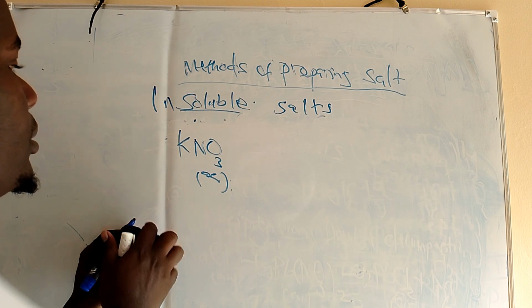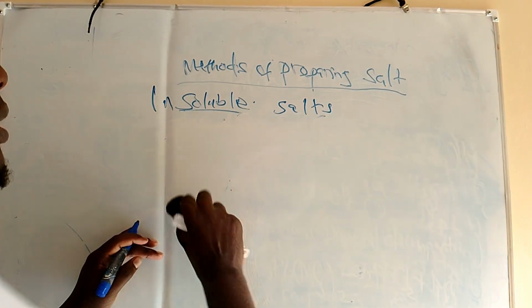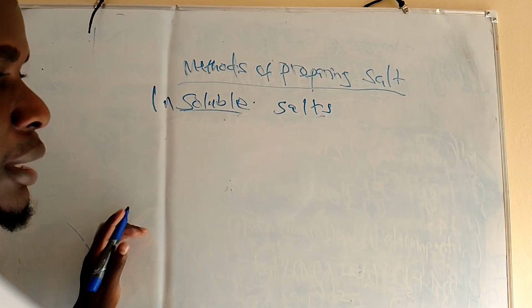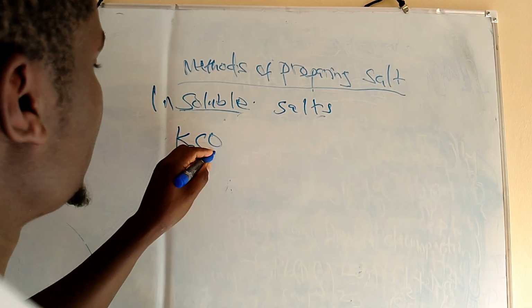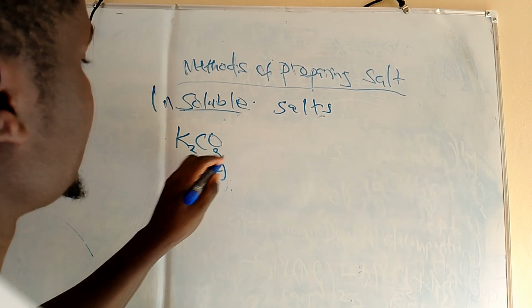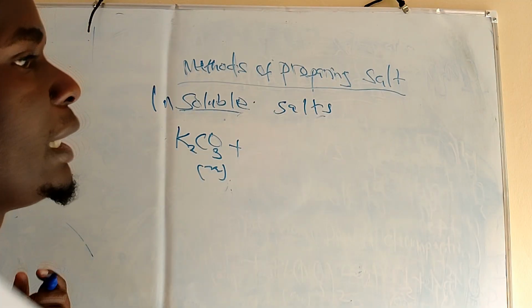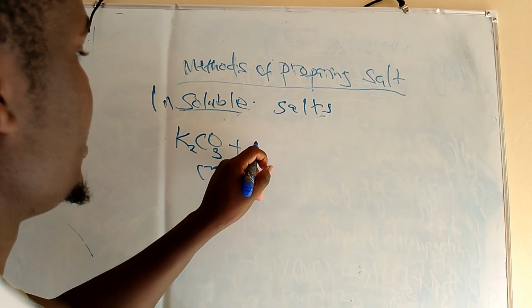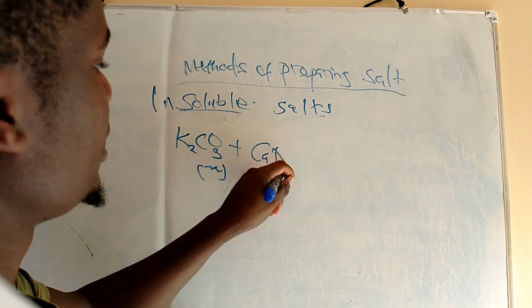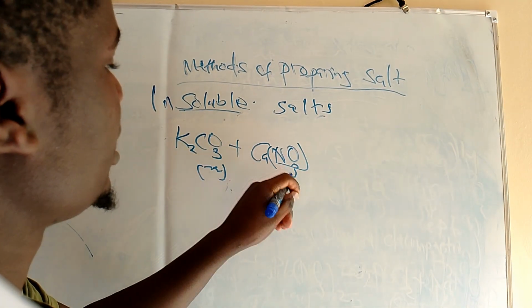Not this one, but I can use, let's say we said all group 1 carbonates are soluble, so I can have potassium carbonate, which is aqueous, plus a nitrate which is soluble, but it's not of group 1. Yes, calcium nitrate. We can use calcium nitrate.